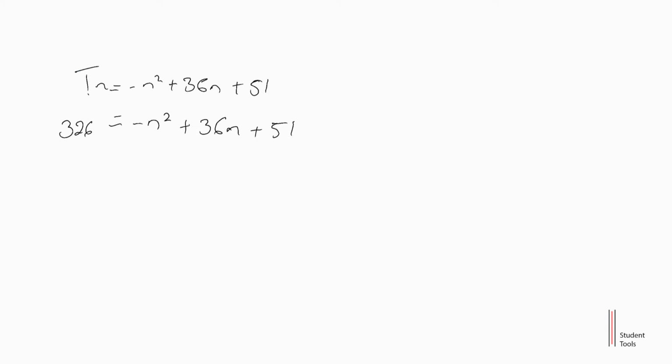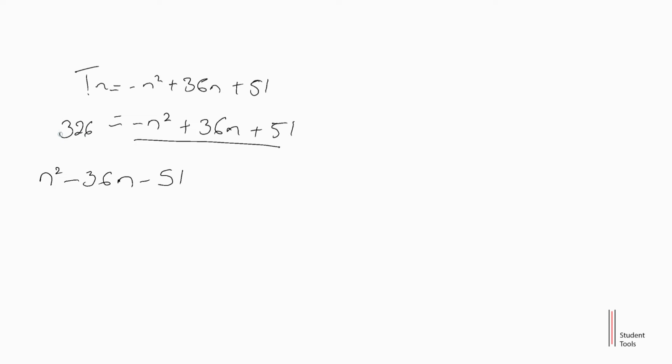Okay, so the first step is we will have to take everything here from the right hand side to the left hand side. So let us start with the minus n squared. When you take the minus n squared from the right hand side to the left hand side, it will change to positive n squared. And then we have 36n, which is positive, so it will be negative this side, minus 36n. And then we have the positive 51, so when we take it from the right hand side to the left hand side, it will be minus 51.